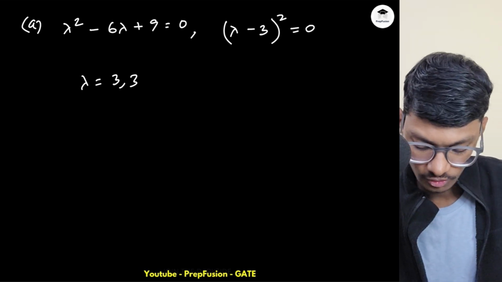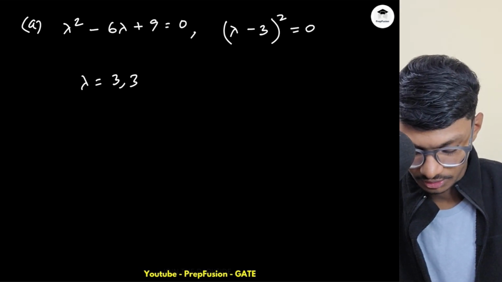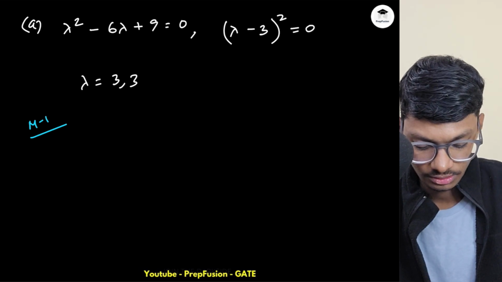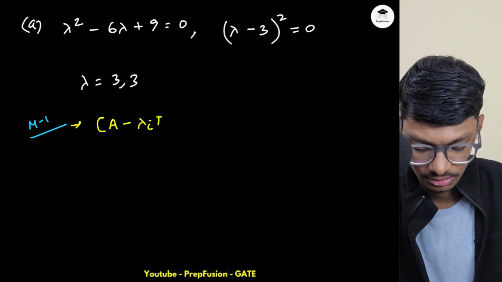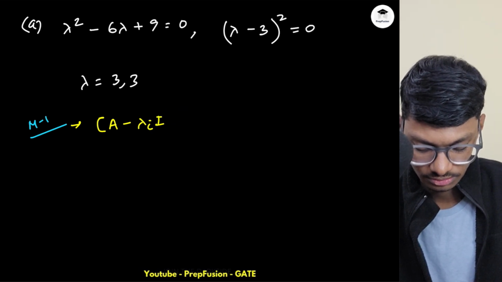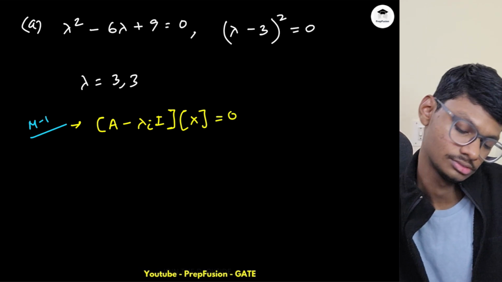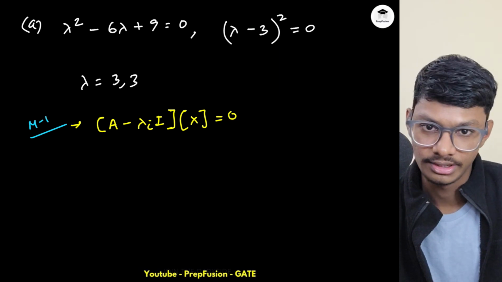You can solve this using method 1. What is method 1? It is the equation A minus lambda I times x equals 0.